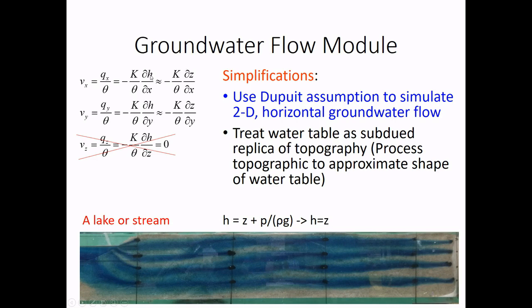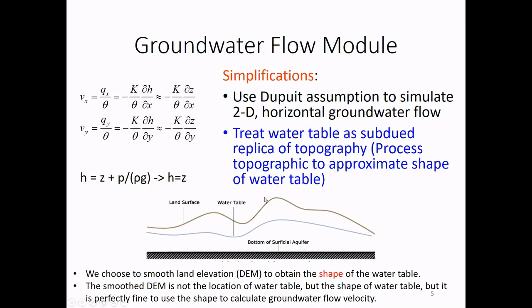So right here, h is replaced by z. But this z is not the land surface. This z is actually the elevation of the water table. By processing the topography, or DEM, we can get the shape of the water table. That means the difference between the processed DEM and the water table is only a constant, so we can use this one without any problem.